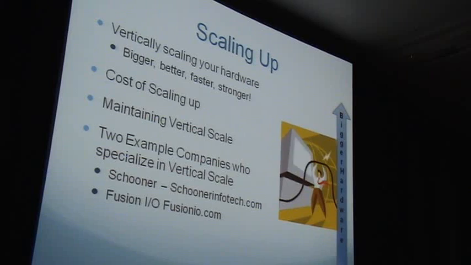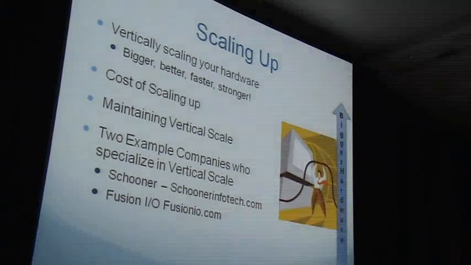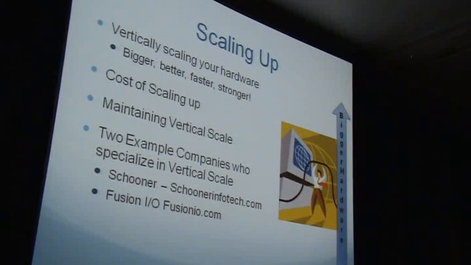Maintaining vertical scale is relatively difficult as well. You need somebody that really knows what they're doing with that piece of hardware in particular to actually keep running it. Two examples of companies on the MySQL front that are examples of vertical scaling would be Schooner, who has a kind of a black box server for both Memcache and MySQL.